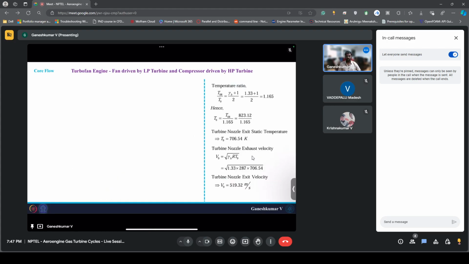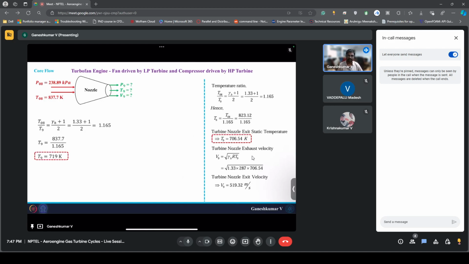All right, let's find the velocity and the temperature ratios. Again the temperature ratio will be the same because that just depends on gamma h, which will be 1.165, while the absolute temperature at the exit of the nozzle will be different because the inlet temperatures are different.